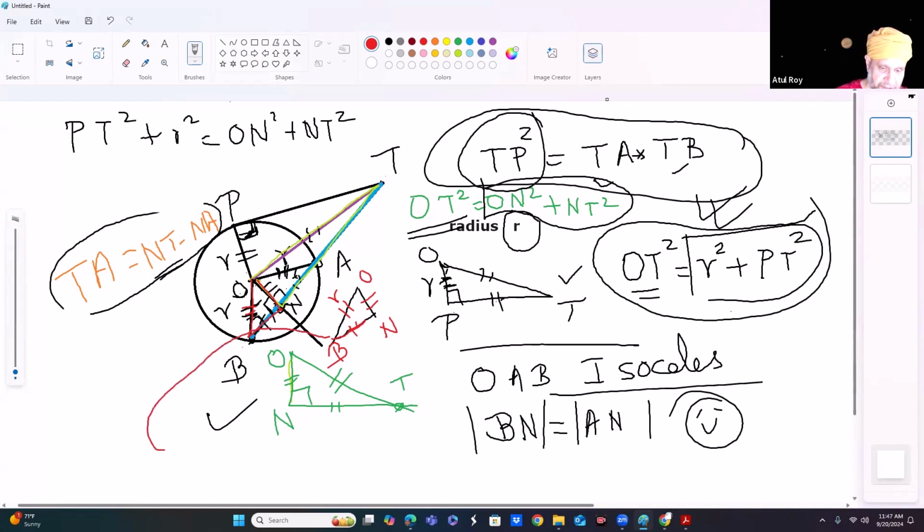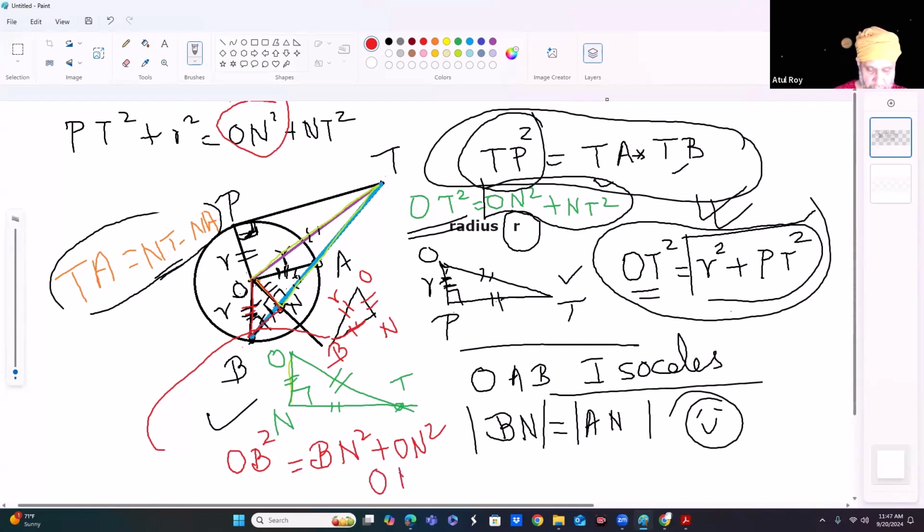So what does this give us? This gives us that OB square equals BN square plus ON square, right? So here we got our ON square. So ON square is OB square minus BN square. And who is OB?